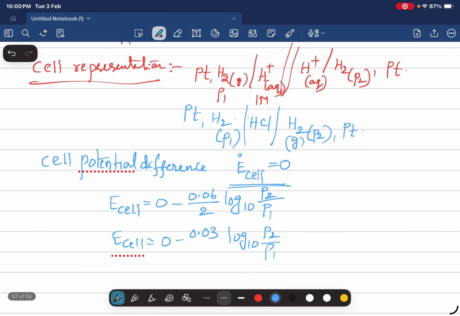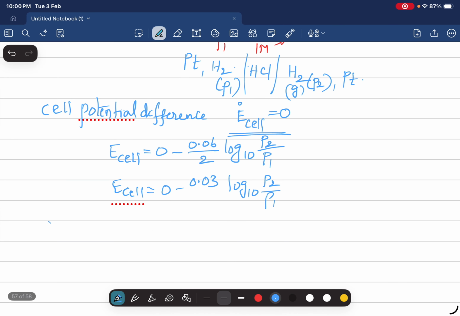So what are the conditions for spontaneity? This question on conditions for spontaneity came even in the 2026 January session.